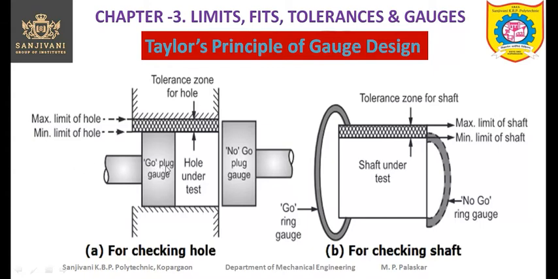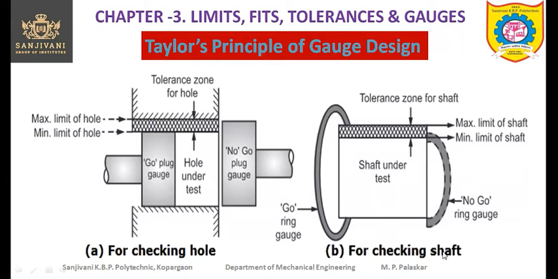This go plug gauge is able to enter because the actual size of the hole is greater than the minimum limit. The no go plug gauge cannot enter because the size of the no go is equal to the maximum limit and the size of this hole is less than or equal to the maximum limit. Therefore no go cannot enter.